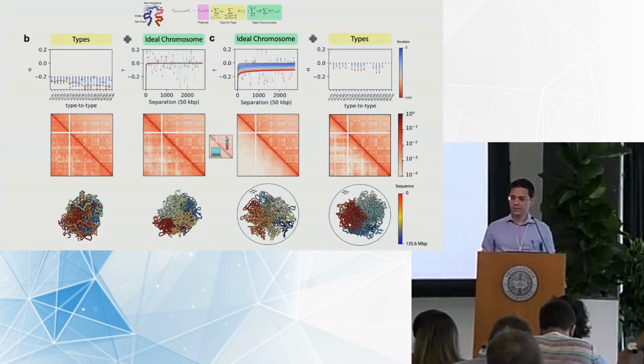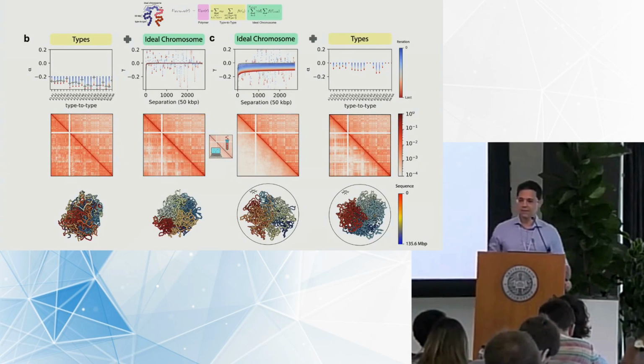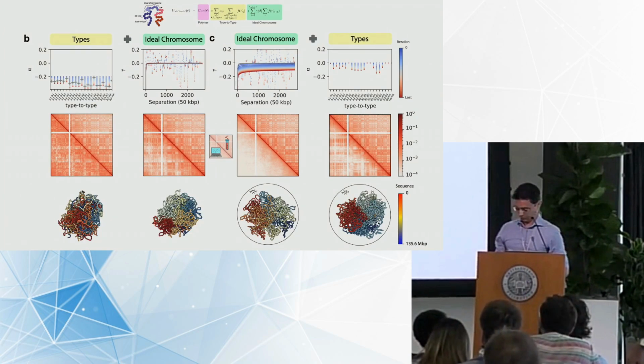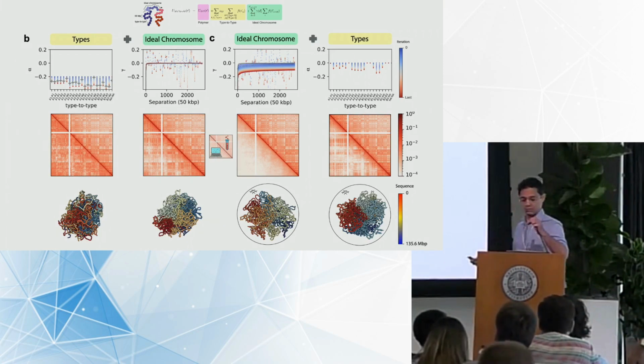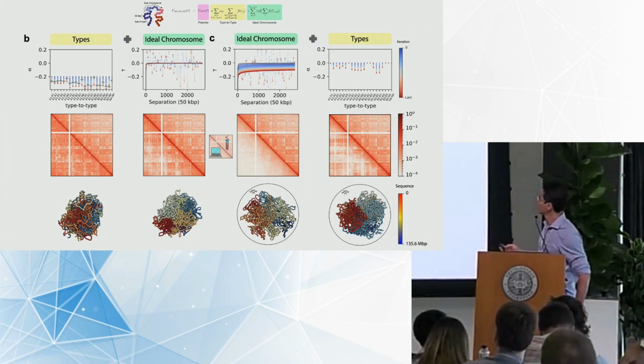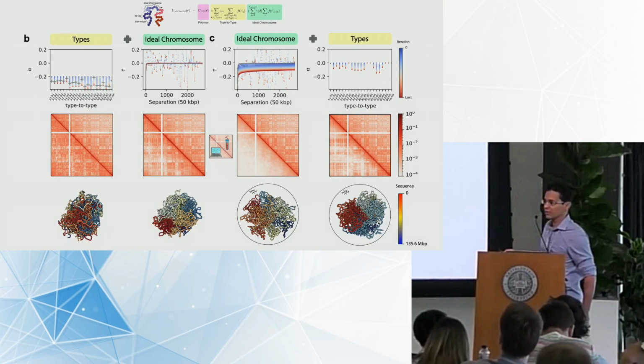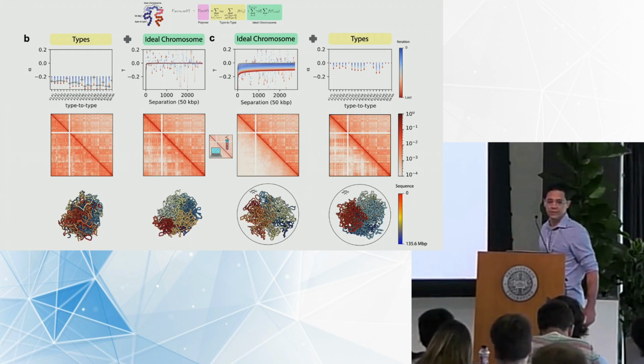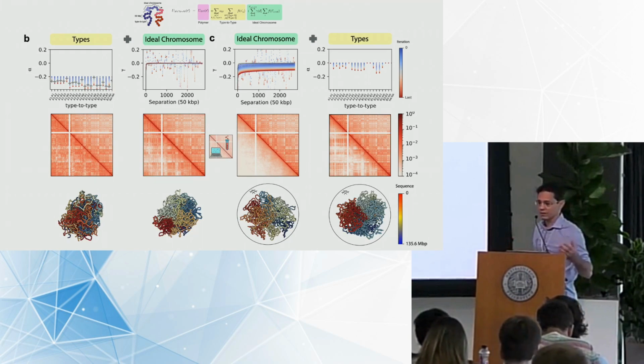As you can see here, if we train types first, we have a baseline close to -0.3, which is the average attraction of the beads of the different types of chromatin loci.